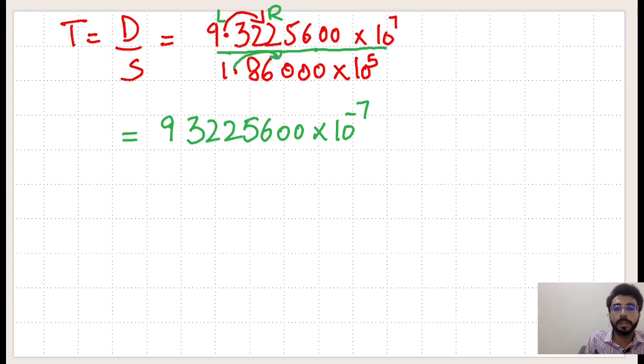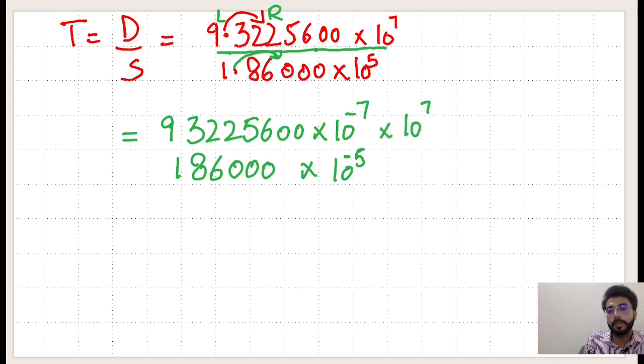It will become 186, 5 digits, so it will become 10 raised to power 5, but the exponent will be negative. Why? Because we are moving from left to right. Into 10 raised to power 7, into 10 raised to power 5.